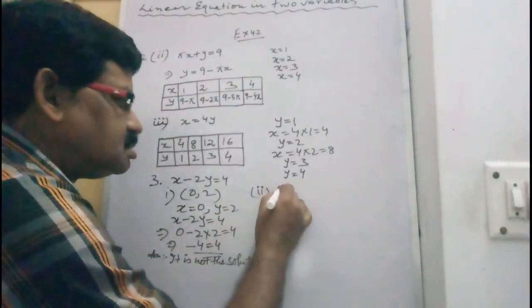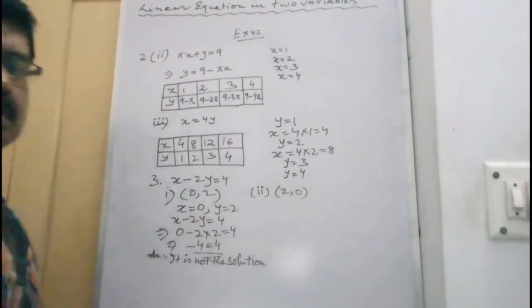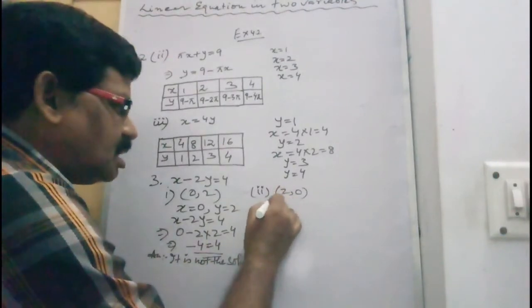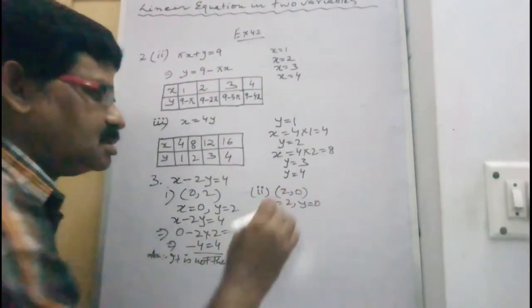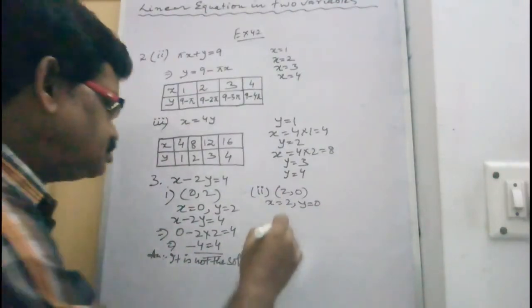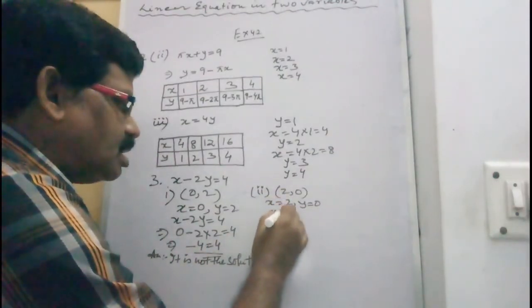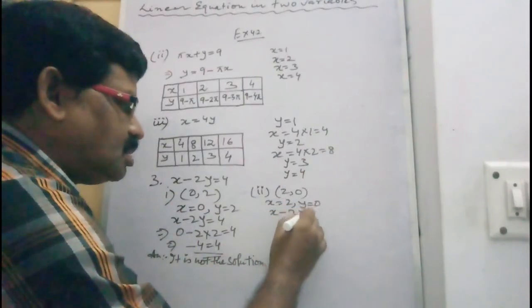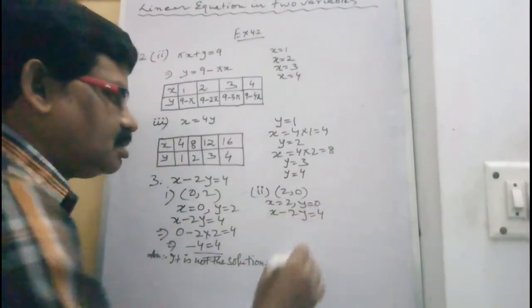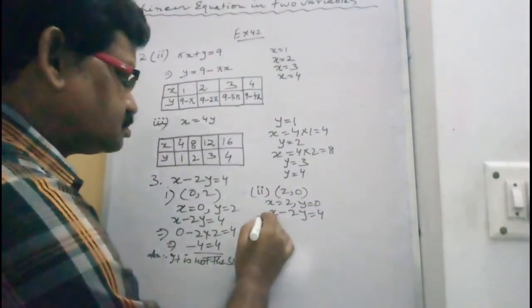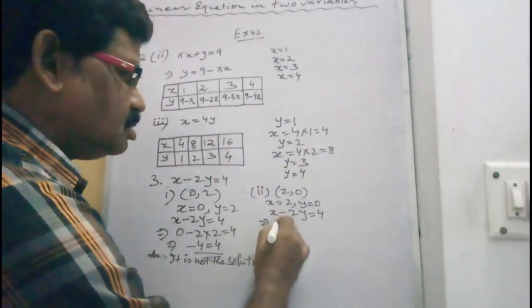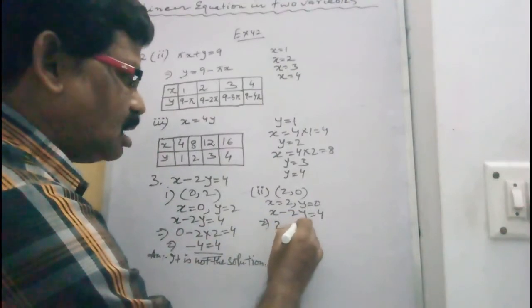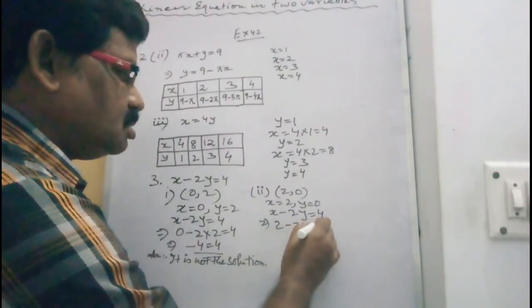Now another coordinate you take, number 2, (2, 0). That means the value of x is 2 and y is 0. Now write the equation x minus 2y equal to 4. In place of x write that value, 2 minus 2 into 0.